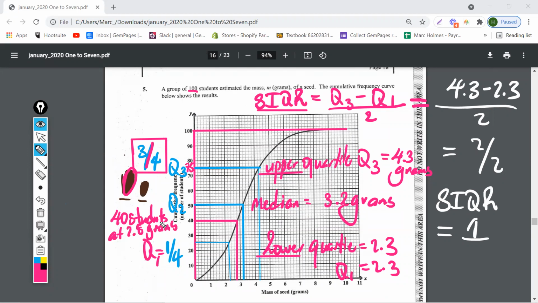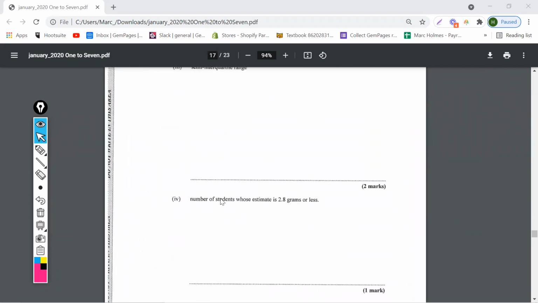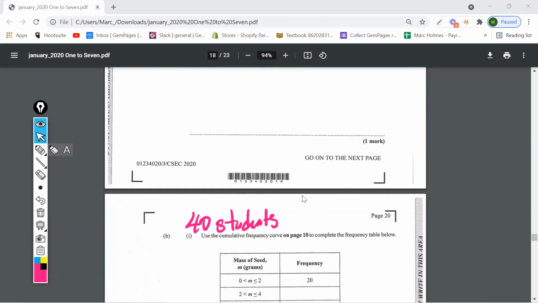Cool. So the answer for that one is 40 students. We'll write 40 students down here. This one is kind of easy, I think this is the easiest one. Cool. All right, so we're almost done.